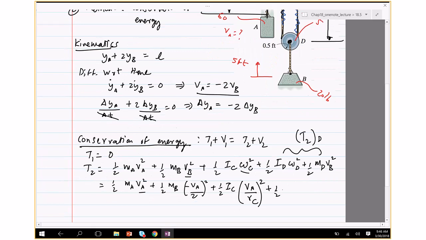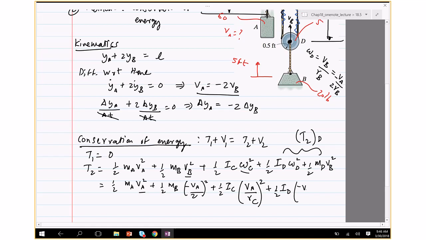Plus half ID. Omega D is going to be the velocity of B divided by the radius of pulley B. But we do not want to keep anything in terms of velocity of B, so we'll substitute in the velocity of B. It's velocity of A divided by 2 times RB, and with a negative sign.